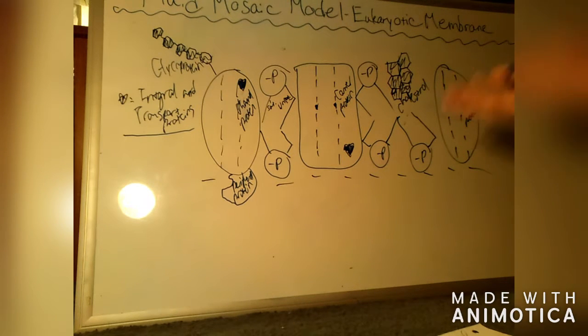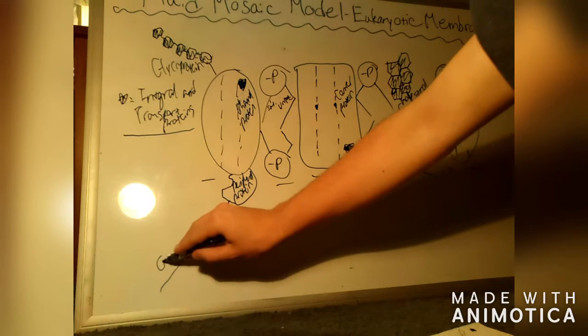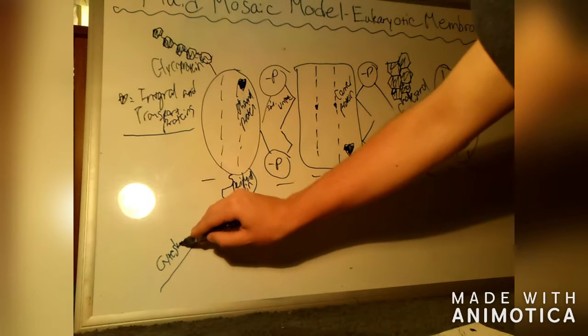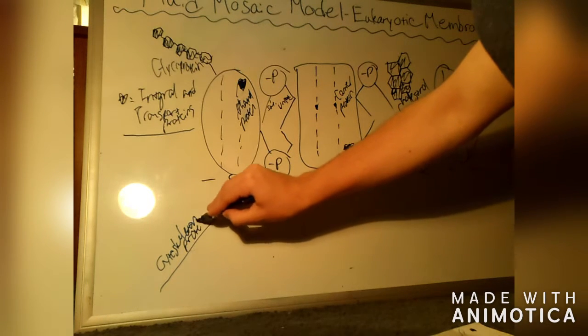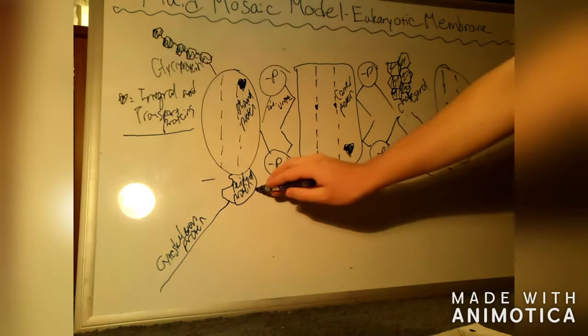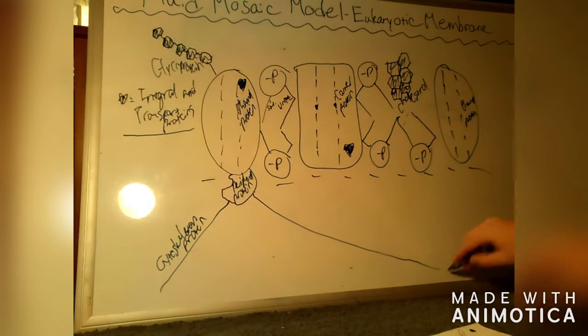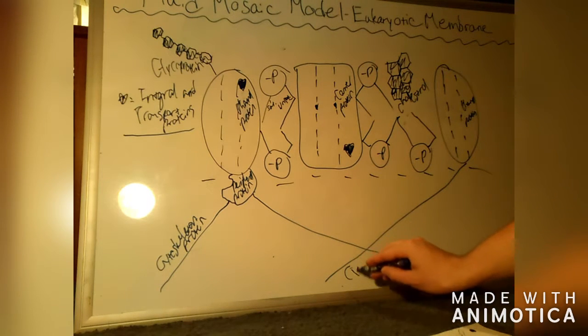So we're going to have a cytoskeleton protein, which comes off of the peripheral protein. And there's going to be more cytoskeleton proteins. So we'll have one that goes like right there. We'll have one that comes over here. We're going to have our cytosol.